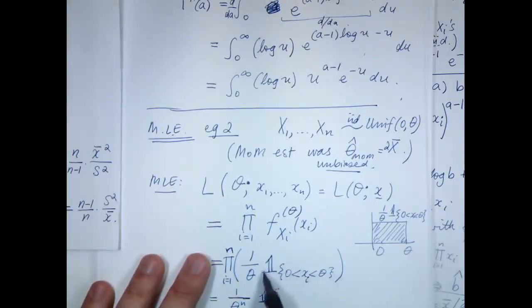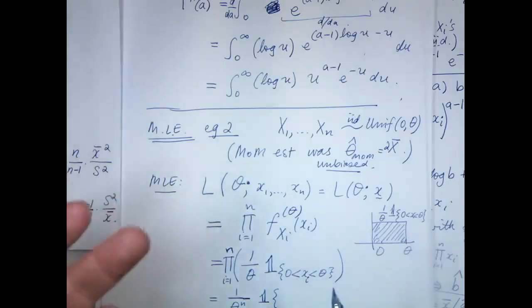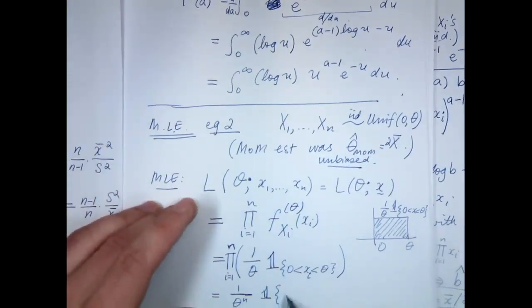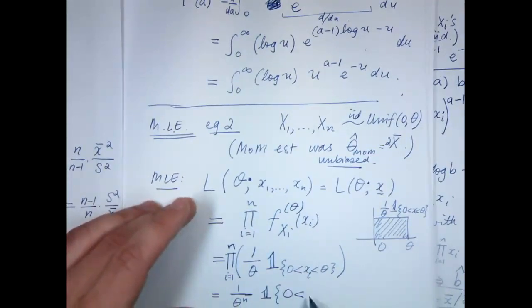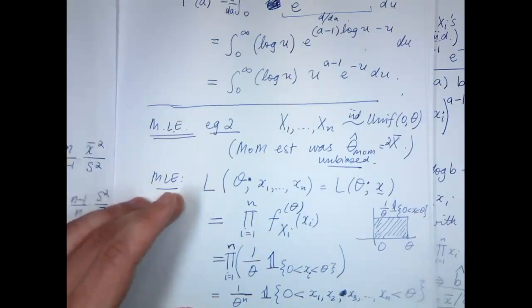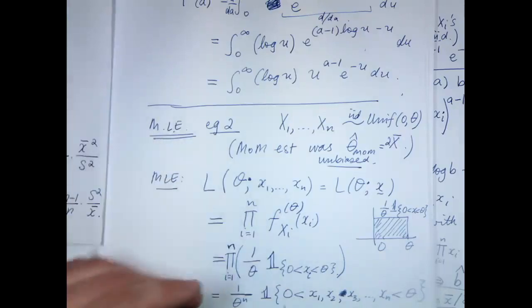When you multiply indicator functions, that's the same as the intersection of the events, so all of these have to be true at once. 0 less than x1 and x2 and x3 up to xn, all of them have to be in the range 0 to theta. Because if any one of them was not in the range 0 to theta, then the corresponding factor here would be 0. So the likelihood is only positive if all of the numbers x1 up to xn are in the correct range.